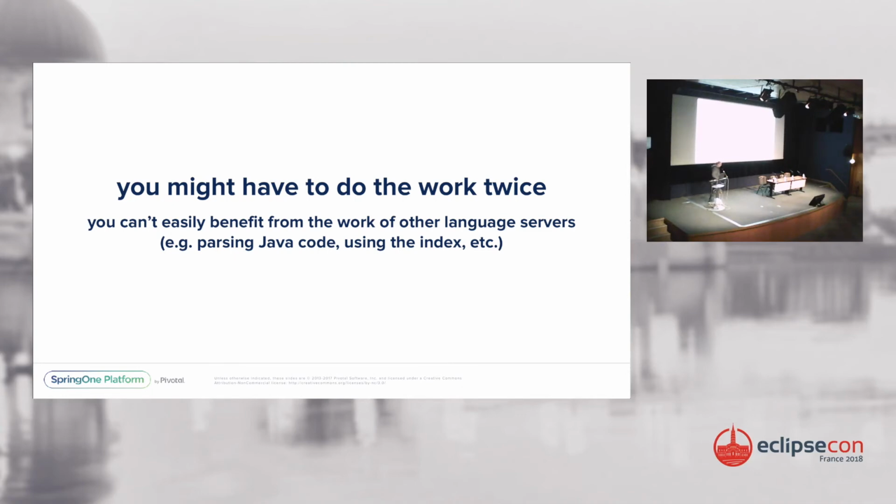The other bad part is that, of course, you might have to do the work twice. In our case, we deal with Java code and do Java annotation support and things like that. And on the other side, there is the Java language tooling, because we don't rebuild Java language tooling ourselves.